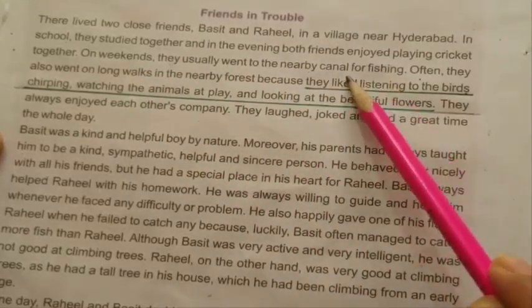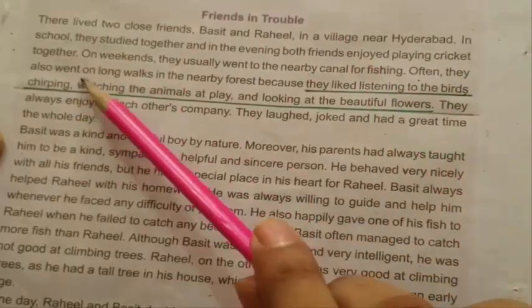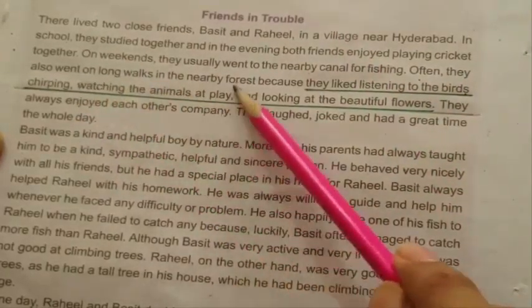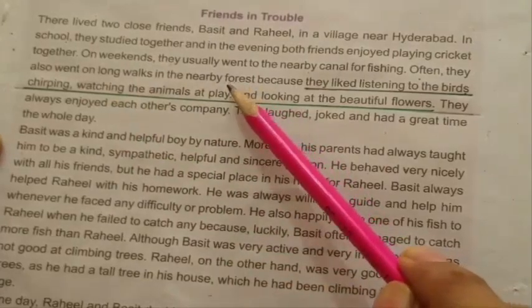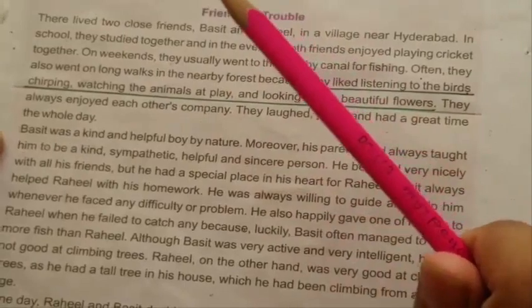Often they also went on long walks in the nearby forest. So it means that they did not like playing inside the house. So it's a false statement. I will write F. Okay.